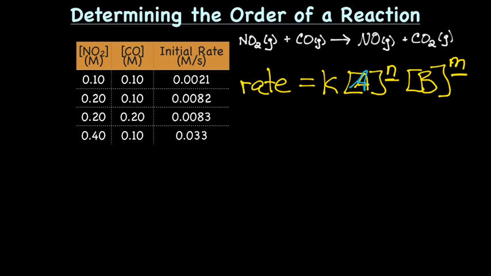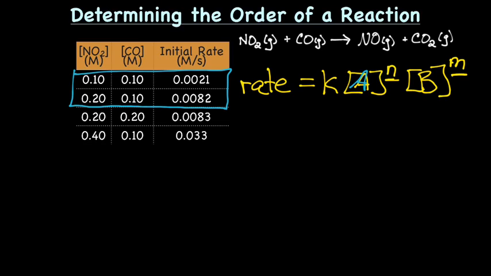For example, here and here, CO is staying constant and NO2 is changing. So in this case, we can figure out the exponent for NO2. We're going to do the same thing we've been doing.